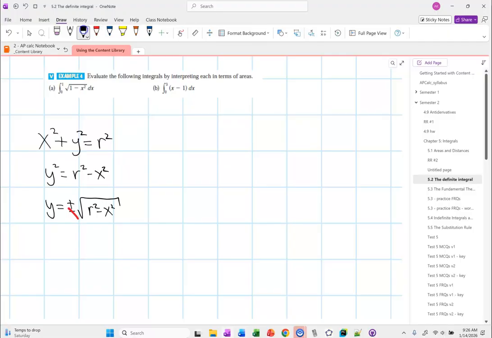What if I take away the minus of the plus or minus? What is it now? Half a circle, right? Everybody's okay? That makes sense, yeah. You agree? Because you're getting the part above the x-axis with the plus and the part below the x-axis with the minus, right? Everybody's okay? Okay.